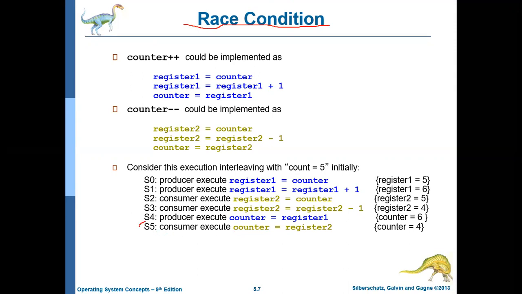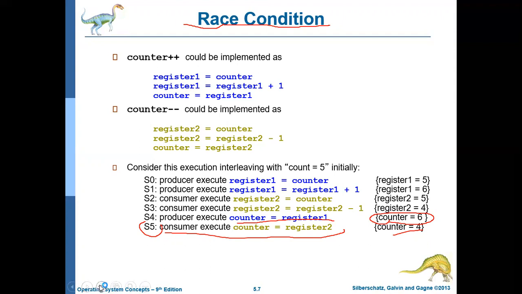If S5 executes last, then counter will end up with 4. If this instruction executes last, then counter will end up with 6. So whichever instruction executes last will decide the value of the counter.